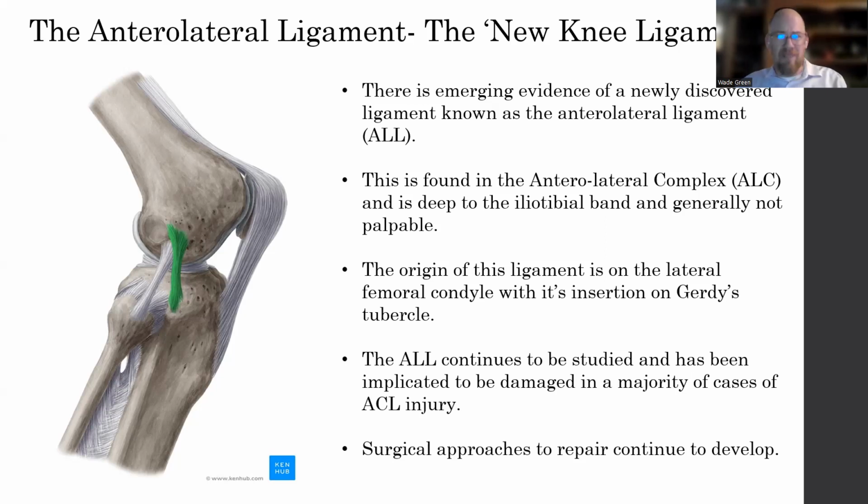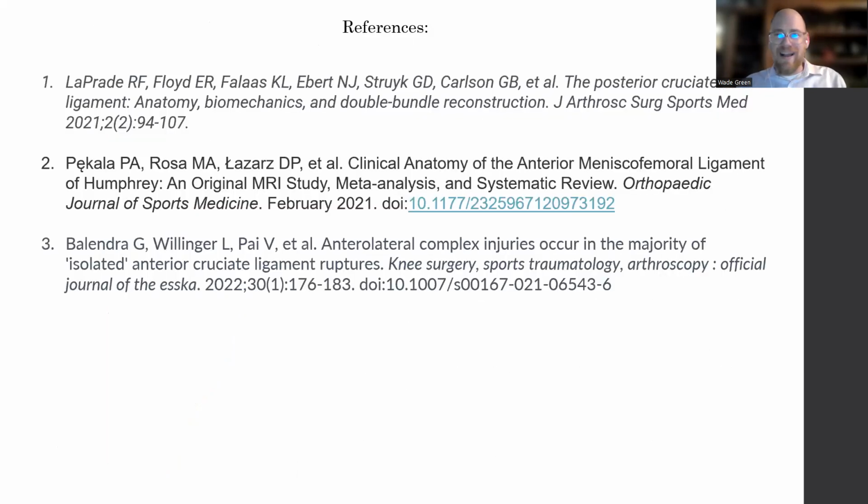So people have advocated for surgical repair of the anterior lateral ligament along with ACL reconstruction, but a unified and commonly accepted surgical approach to repairing this ligament has yet to be developed. So guys, that's it.